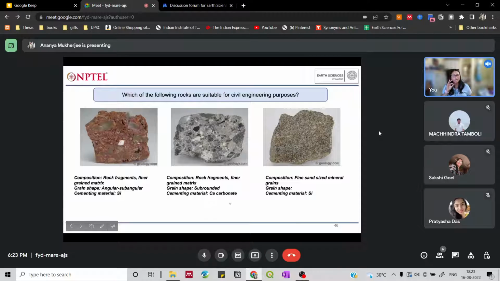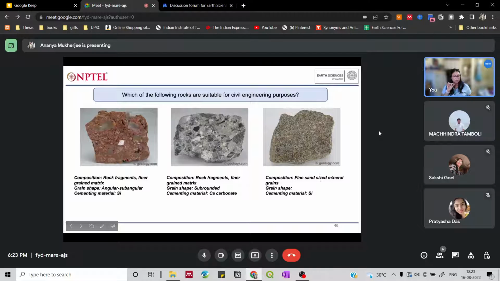And suppose you have calcium carbonate as cementing material. If the calcium carbonate is present, it is much more vulnerable to being dissolved and also weathered out. So that is why this would not be a favorable criteria for us.